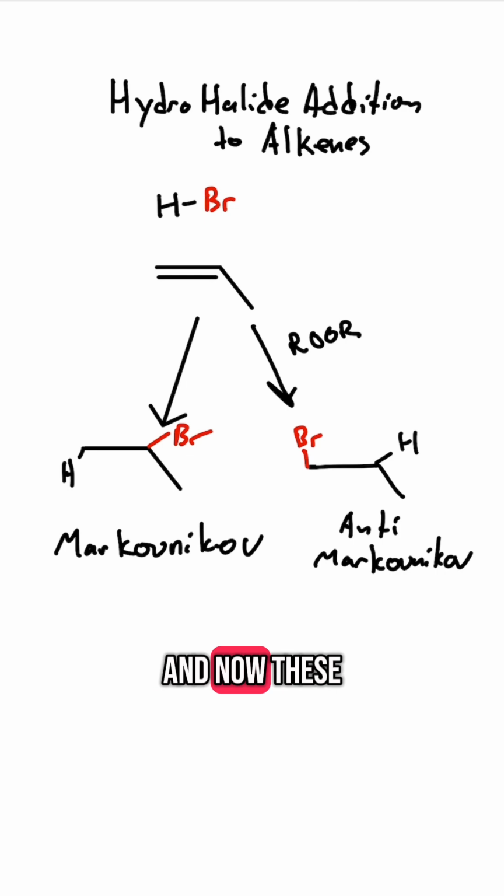And now these are important to know because as you get further in organic chemistry and in your class, if they're anything like mine, your exams are going to have synthetic problems on them, where it's going to give you a starting material and an ending molecule, and say, this is what you start with, this is what you need to end with, get there. And it's very important to know which one you need, because it's very different if you have a bromine here versus here.